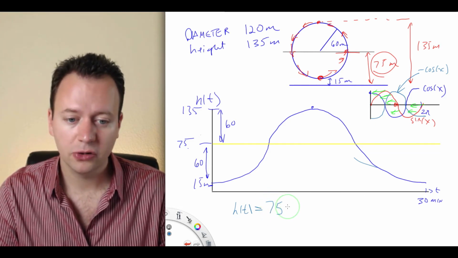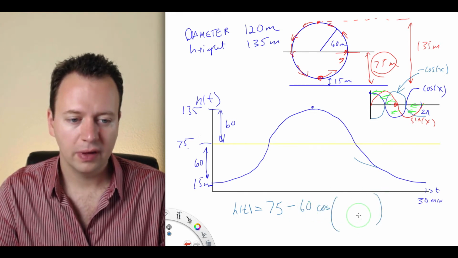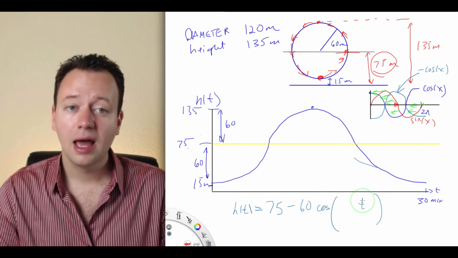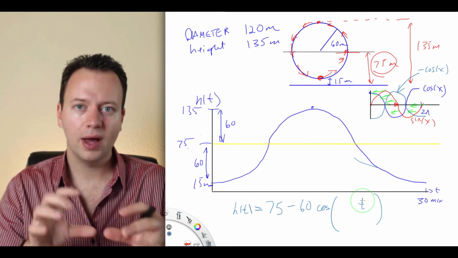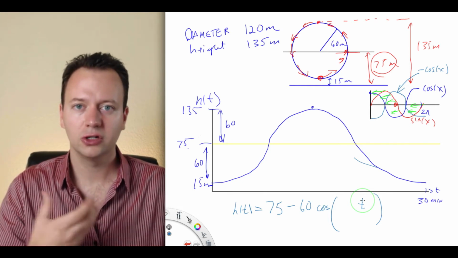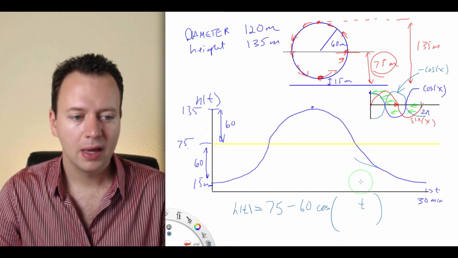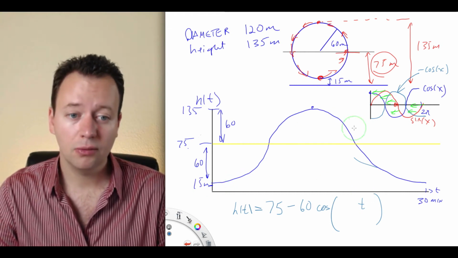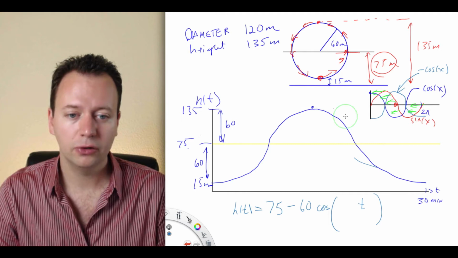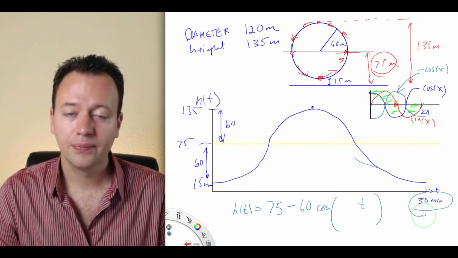Instead of plus, I'm going to use minus the amplitude cosine of inside something times t. And because it's already set up the way it is, we don't need any phase shift, so I just have to figure out the angular frequency. Well, it makes a complete revolution in 30 minutes.